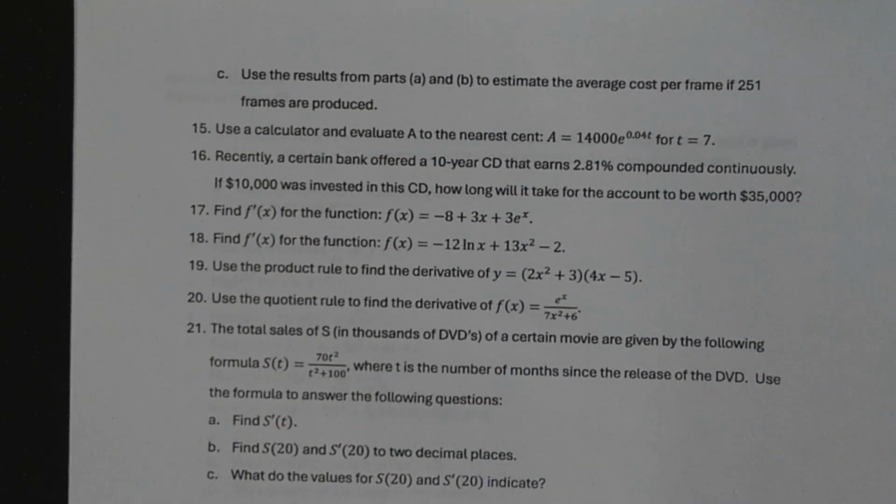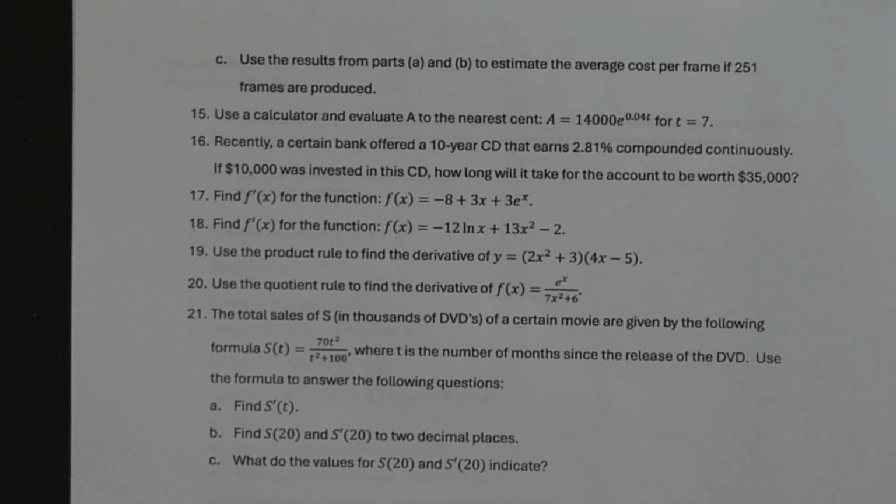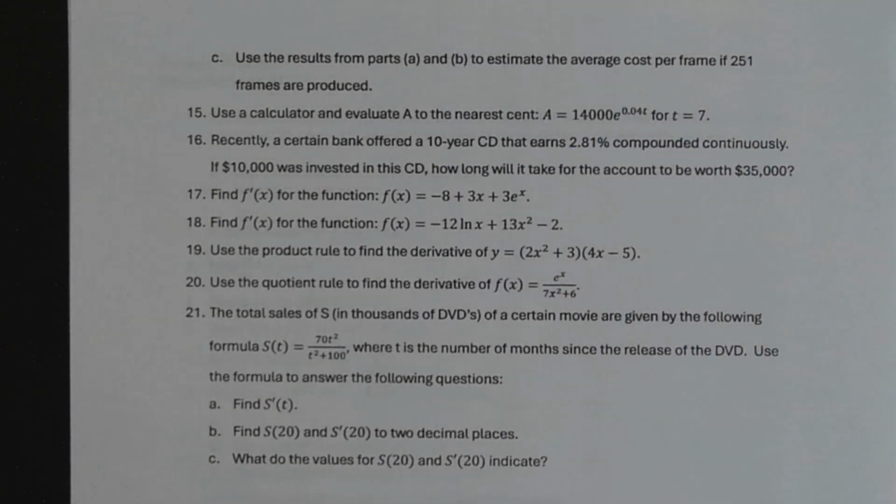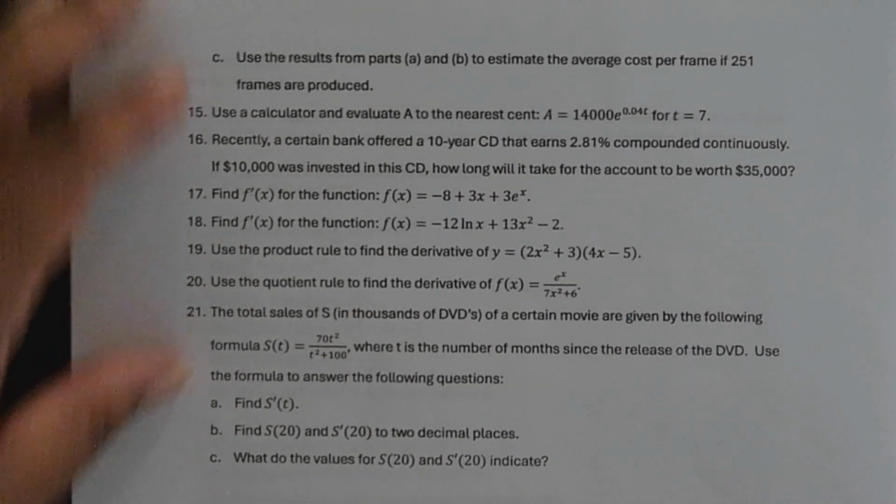All right, problem number 15. Okay, it's just a use of the calculator to evaluate A to the nearest cent, if A is equal to 14,000 e to the 0.04 t for t equal to 7.